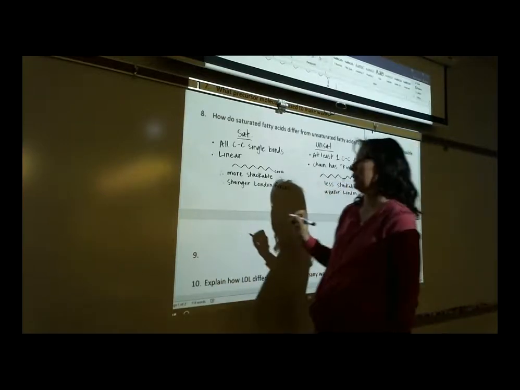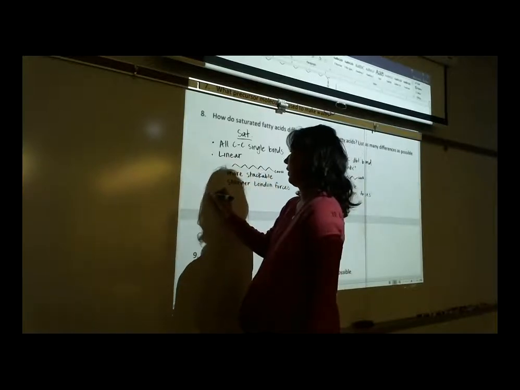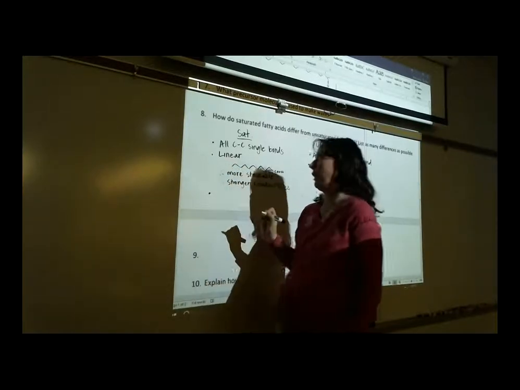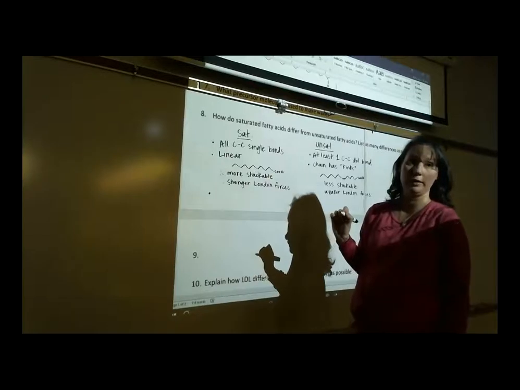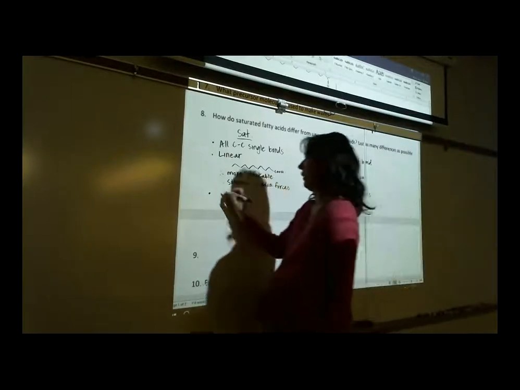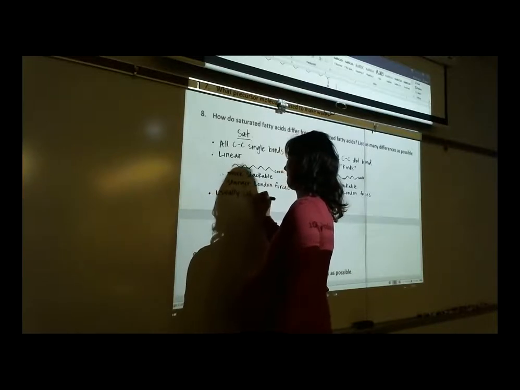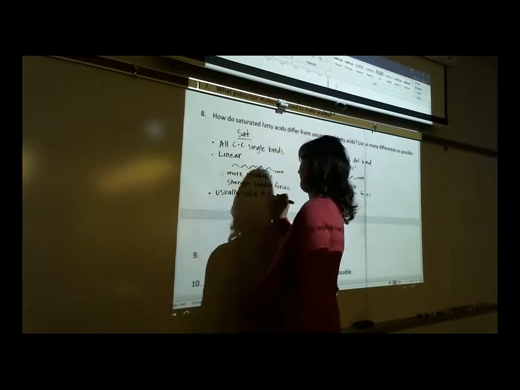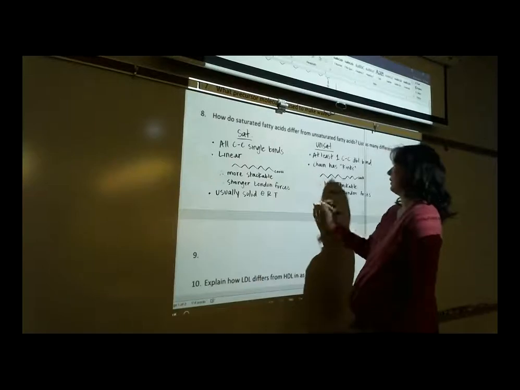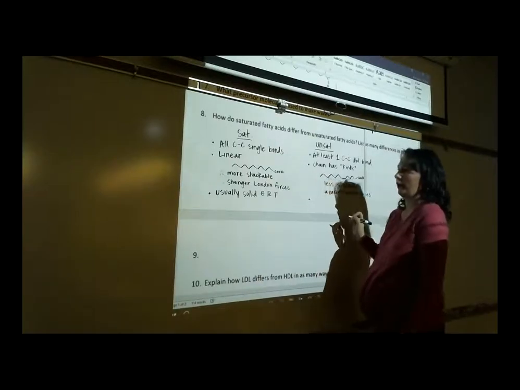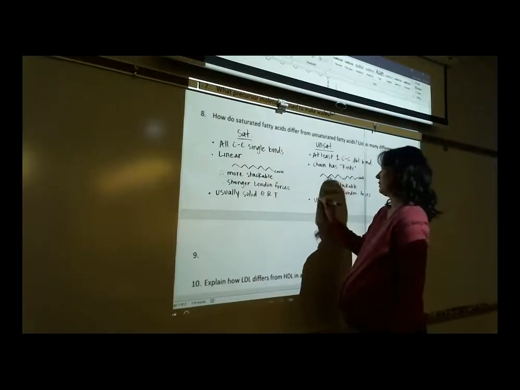So what does that lead us to conclude here? At room temperature, the saturated fatty acids are usually solid at room temperature. Whereas the unsaturated are usually what? Usually liquids.